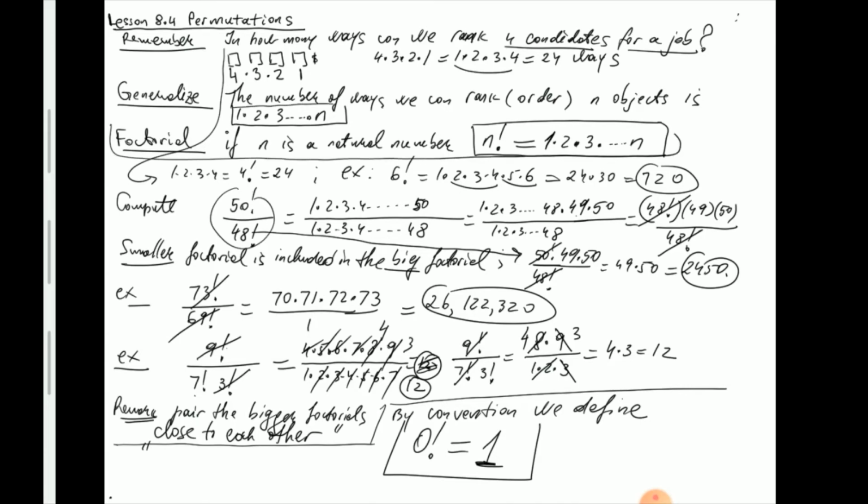All the natural numbers up to n, 1, 2, 3, up to n. So 0 doesn't fit that framework. But 0 factorial appears in some specific formulas, and you will see it's practical to define it to be 1. So by convention, 0 factorial is 1. Keep that in mind as we move along to the second page. So stay tuned.